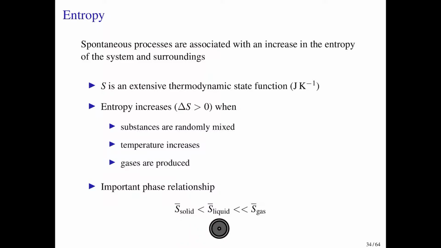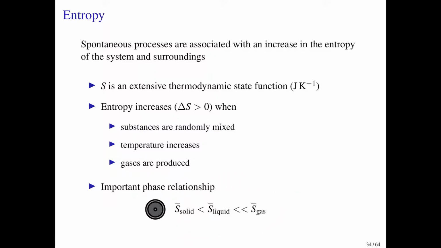For the liquid, the molecules can move around, but they can't get too far away from one another. So there's a bit more mobility, and the number of microstates is greater than that of the solid, but they're still held together. However, for a gas, the molecules are moving around randomly, and there are many, many more microstates available than there are to a liquid or to a solid.